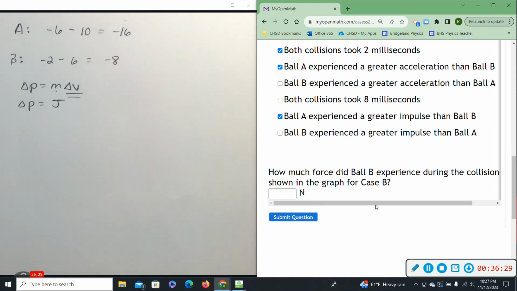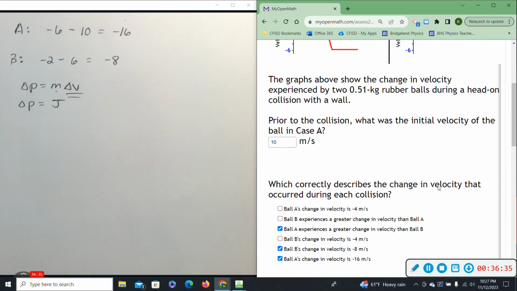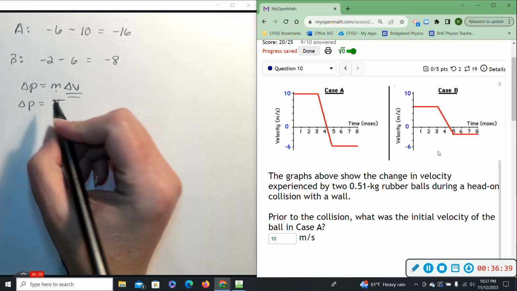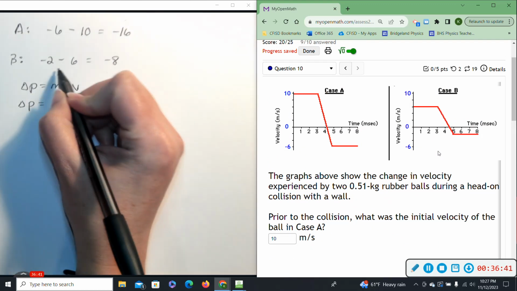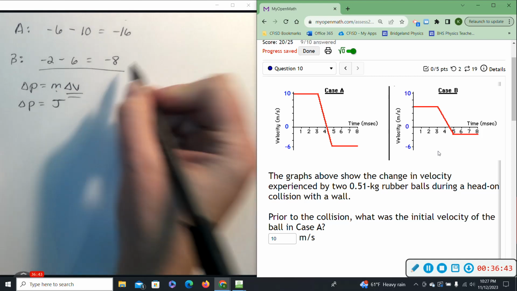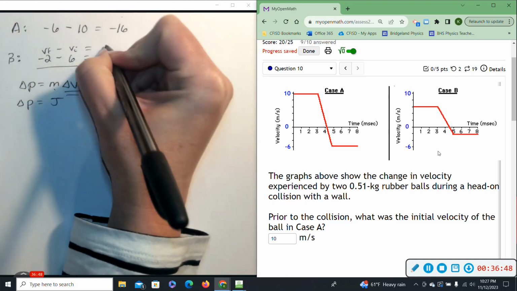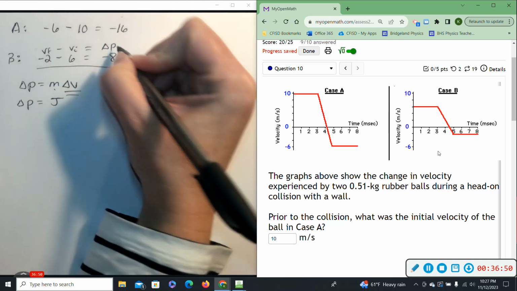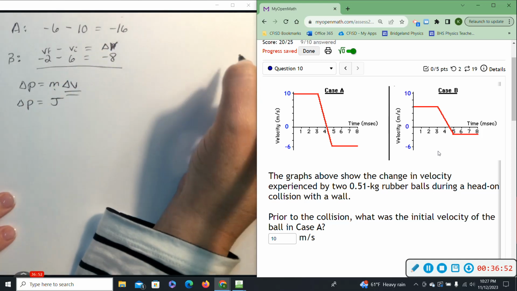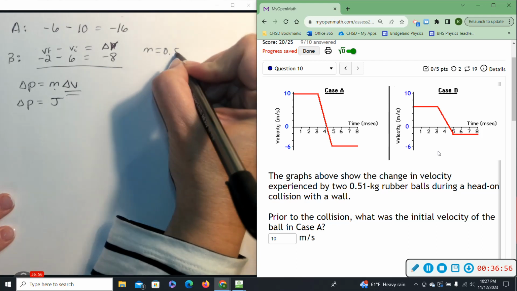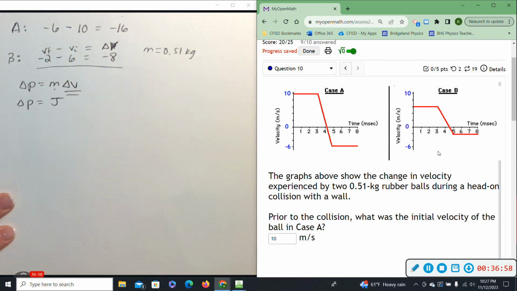Last question: how much force did ball B experience during the collision shown for case B? So we're going to pull some numbers from case B to help us answer this. Again, we already have some of the numbers up here for case B. This was our final velocity, this was our initial velocity, and that was our change in velocity. We have the mass of 0.51 kilograms in the question.